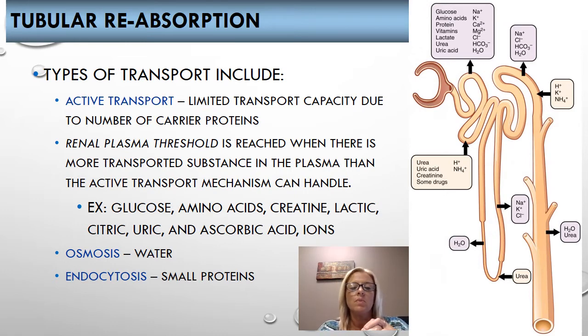And so osmosis, of course, is going to be the movement of water via diffusion, but it's osmosis when we talk about water. And then endocytosis is how we're going to get small proteins in. And in this diagram here, you can kind of see where these different substances are going to enter or leave the nephron here, okay?